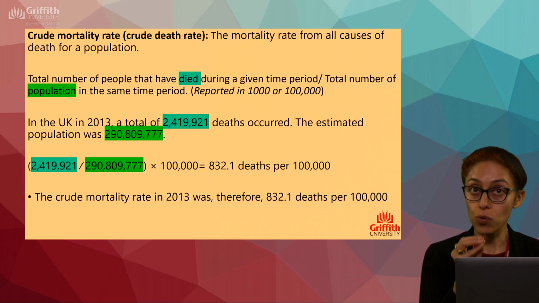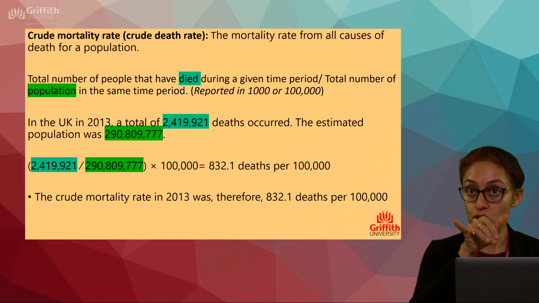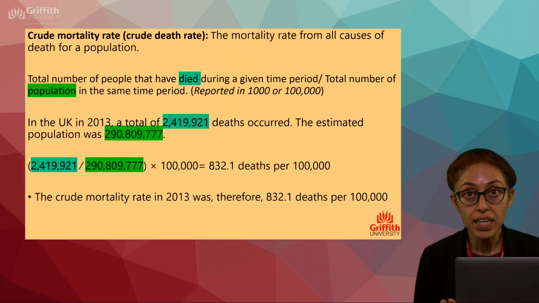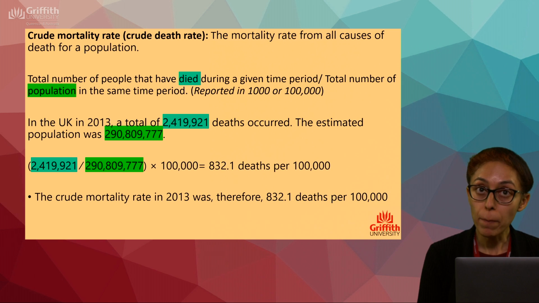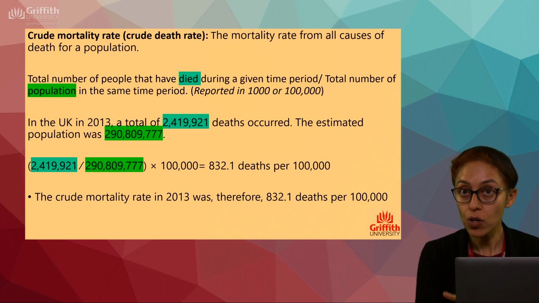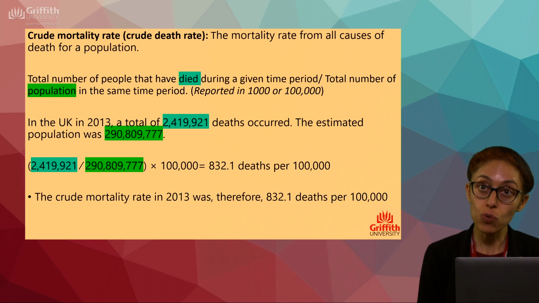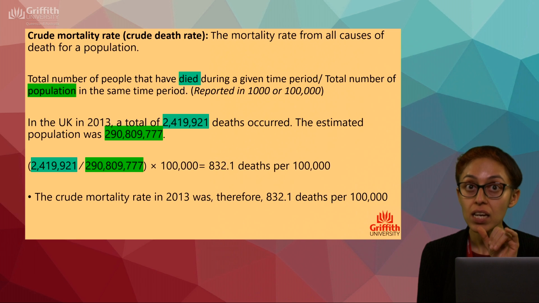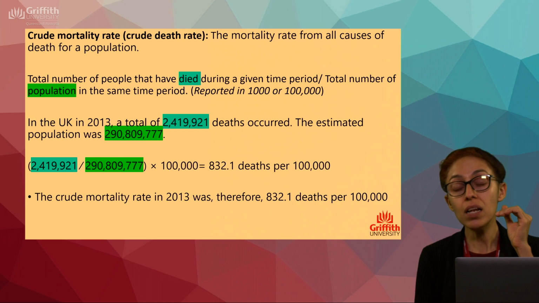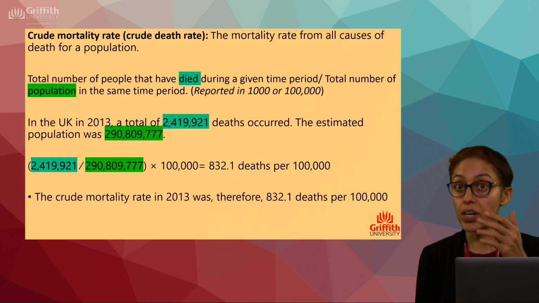So in the UK in 2013, a total number of so many deaths occurred, which are in blue, from all causes. The estimated population in 2013 in the UK was the number in green. So you have the total population in green and the total number of deaths in blue. The formula is very simple, and here you are being asked to report the answer in 100,000.